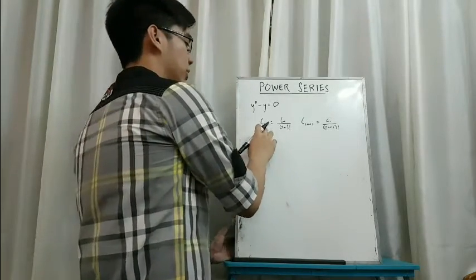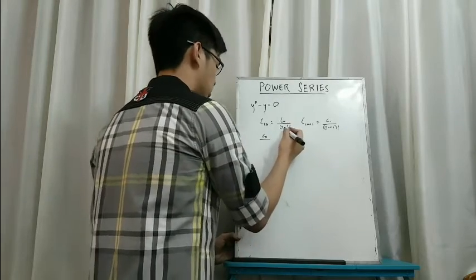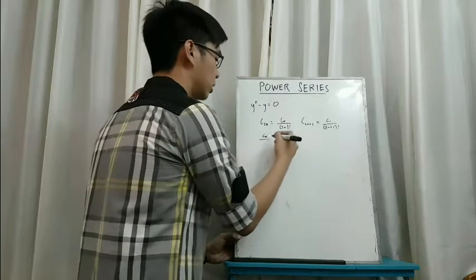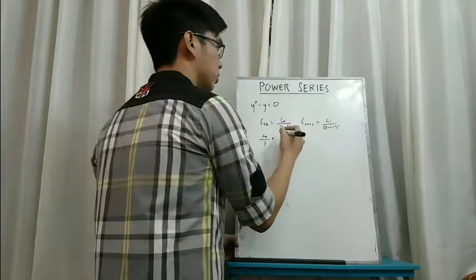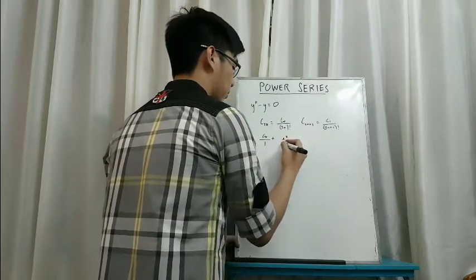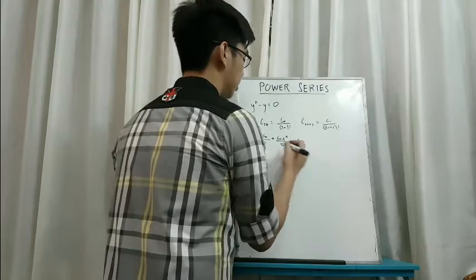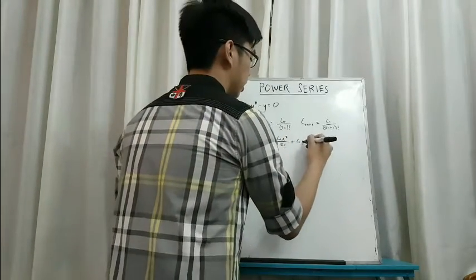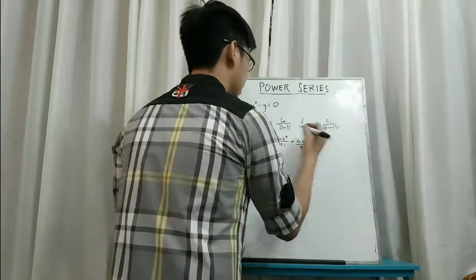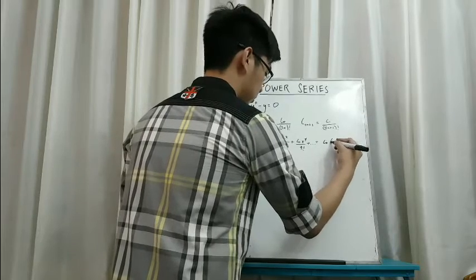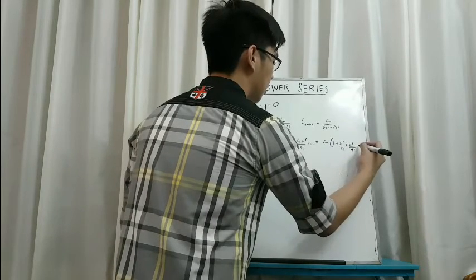So plugging in 0 here, 2 times 0 is 0, C0 is equal to C0 over 2 times 0 is 0 factorial, 0 factorial is equal to 1, so plus, plugging in 1 here, it would be C2, so C2 has x squared, and C0 all over 2 factorial, plus C0 times, plugging in 2 here, C4 is x raised to 4 over 4 factorial, plus dot dot dot, and simplifying this would give us C0 times 1 plus x squared over 2 factorial plus x raised to 4 over 4 factorial, plus dot dot dot.